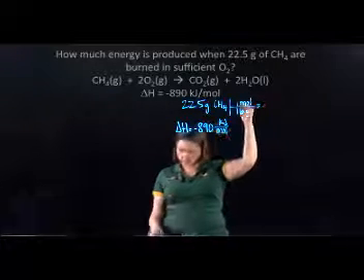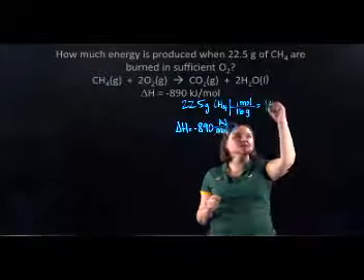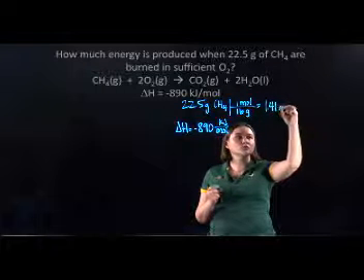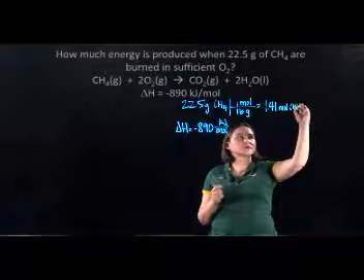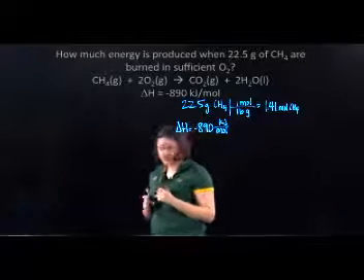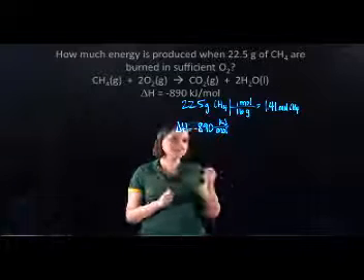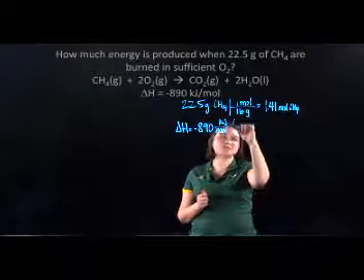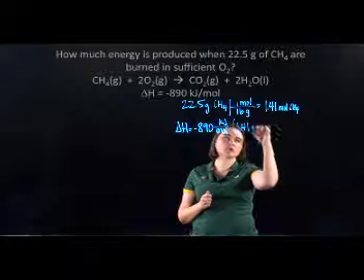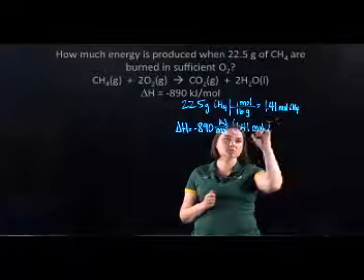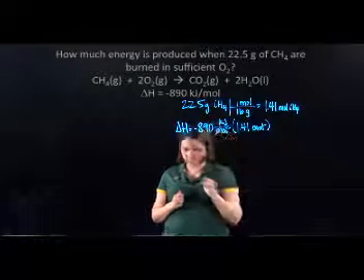So I have 1.41 moles of CH4. So now all I have to do is take this number, which is the delta H, and multiply it by 1.41 moles. That's going to cancel that out.